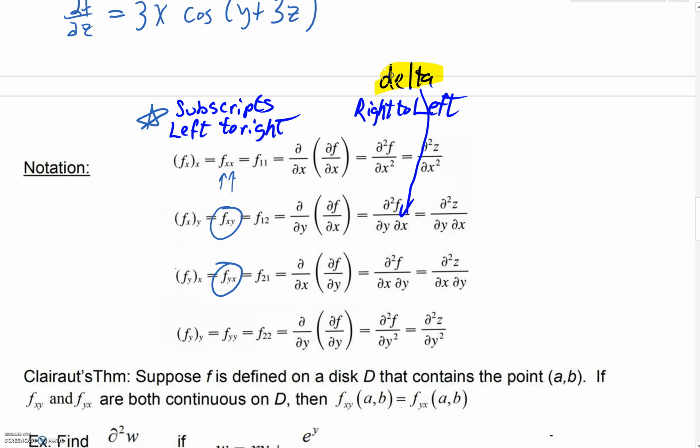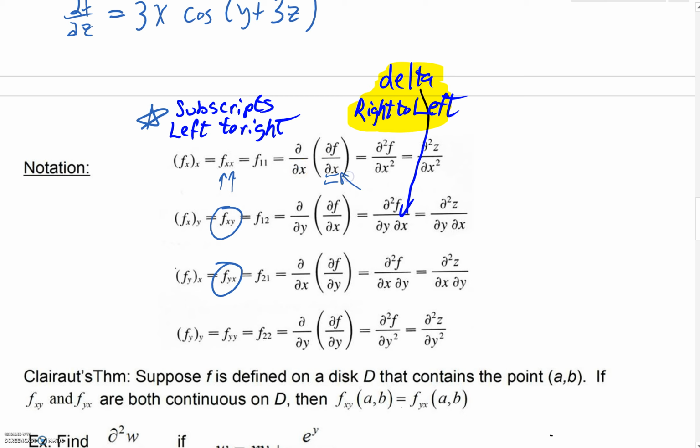Another very common style to express derivatives would be with deltas. And as you see deltas, this will go in an opposite way that we read. It will go right to left. So, as you look on the inside and out is another way to look at it.